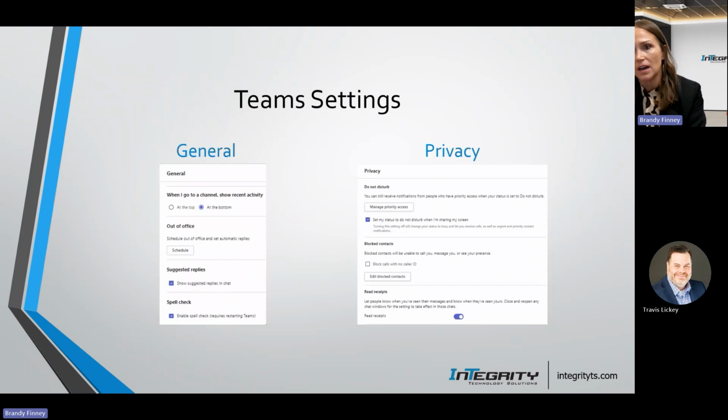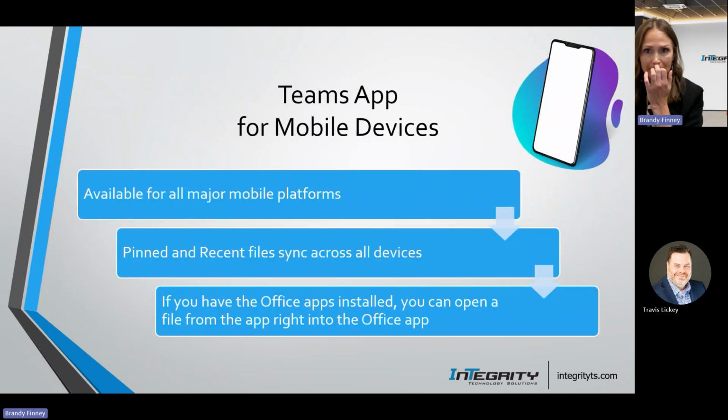So a lot of people are like, what about our mobile devices? As long as your company allows it, you are able to get all of your Office apps installed on your devices.